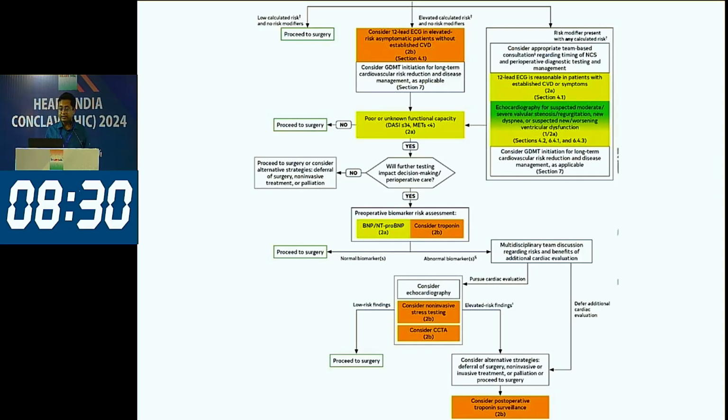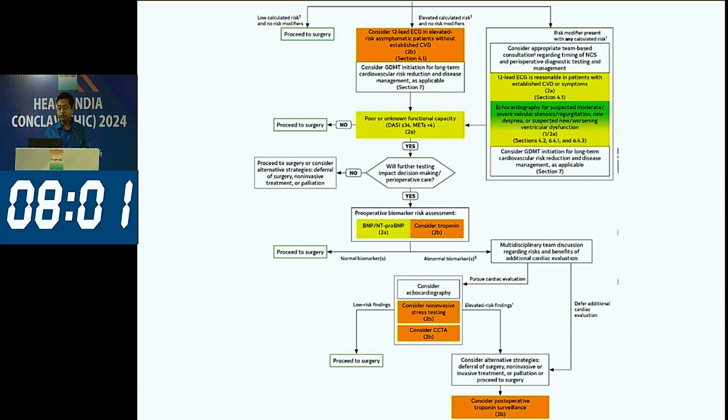But if it is yes, then you have the preoperative biomarker assessment, BNP or NT-proBNP, and also consider troponin as the class 2B indication. If the biomarkers and troponins are normal, proceed for the surgery. If it is abnormal, then a multidisciplinary team approach is necessary, like the heart team we have for the cardiovascular surgeries. So if there is any iota of doubt, then pursue a cardiac examination.